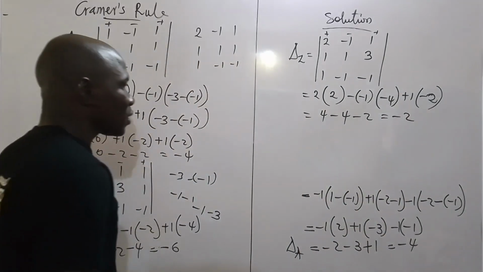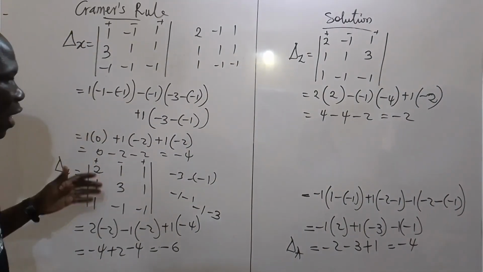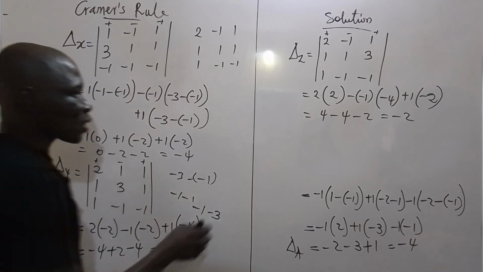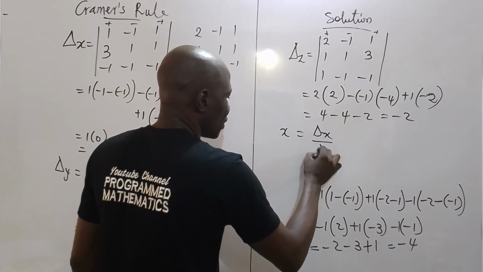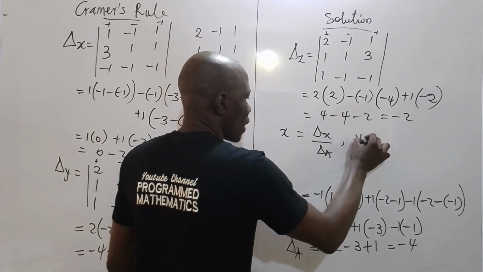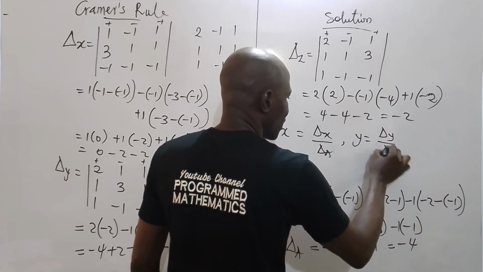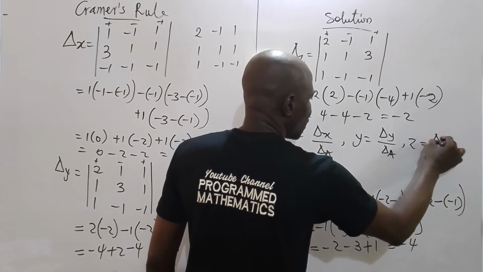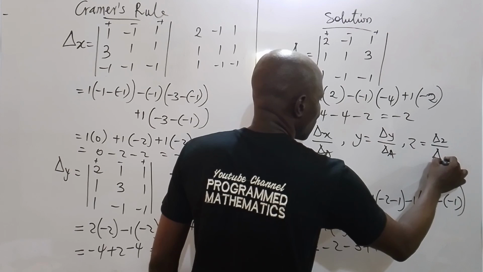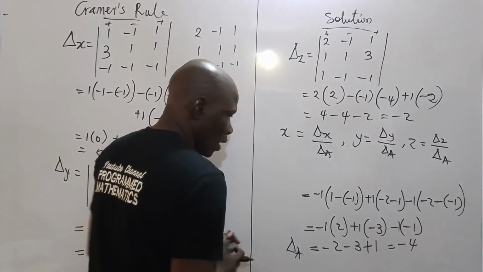So we have the determinant corresponding to x, y, and z. So in this case, to find x, we divide delta x by delta a. Y is delta y over delta a. Okay. Z is the same, delta z over delta a. So delta a is minus 4.